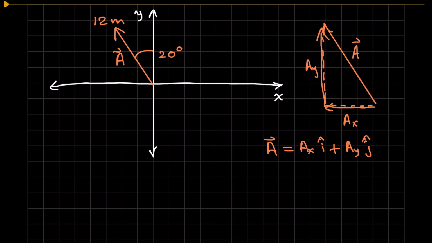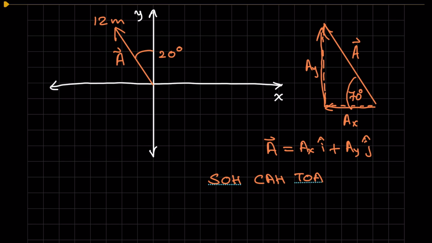The way we're going to figure out what these components ax and ay are is we're going to use some trig to help us out. So we know this is 70 degrees, given that the other angle is 20 degrees. Now we can use a little bit of trig. The mnemonic to remember is SOHCAHTOA, to remember which trig functions are which.